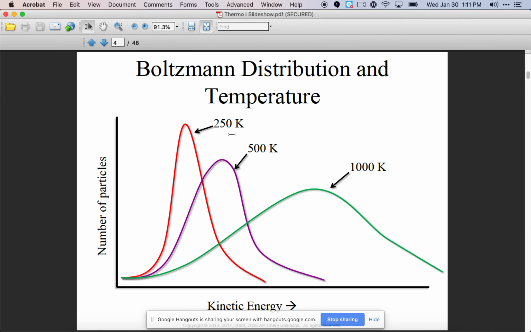Okay, this graph here, Boltzmann distribution, I would make sure that you understand what it is, okay? Notice that the 1000K party that Justin likes to be part of, that's going to be the rightmost curve. And when you look at it, what's happening to kinetic energy, people?